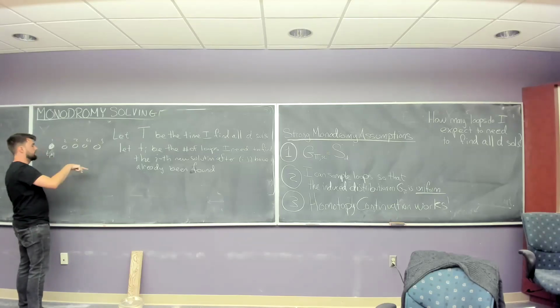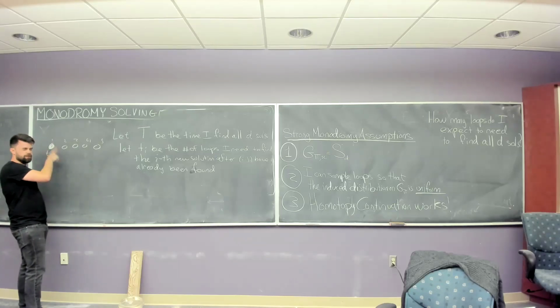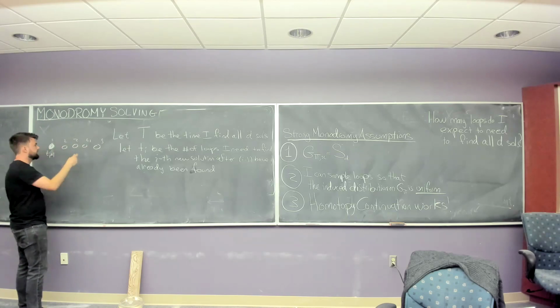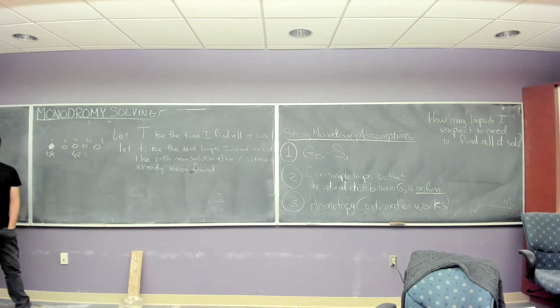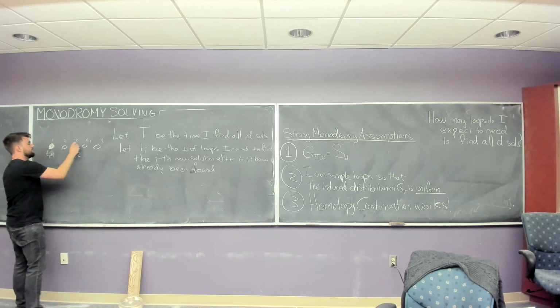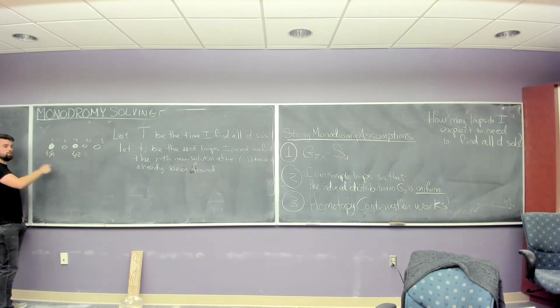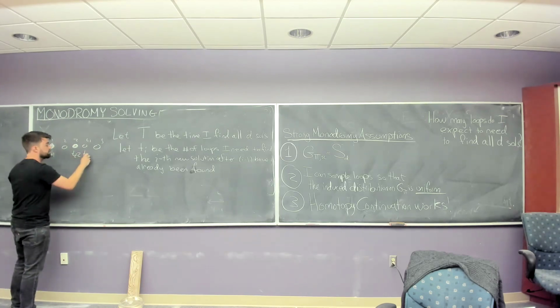And then maybe I do a loop and I get the first solution again. I do another loop and I get the third. So T2 took 2 tries after I'd already found one to get it. Then I do a loop: 1 to 1, nope; 1 to 3, nope; 1 to 1 again, nope; 1 to 4. T3 is now 4 loops.